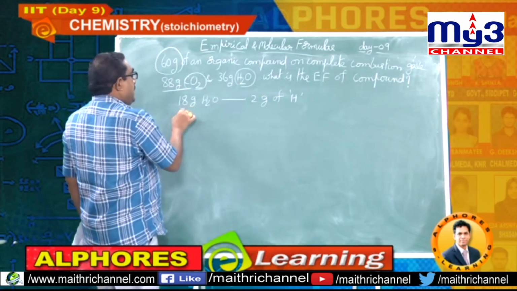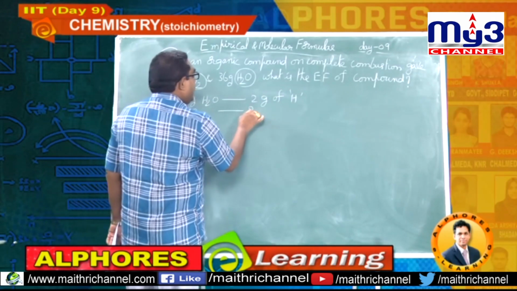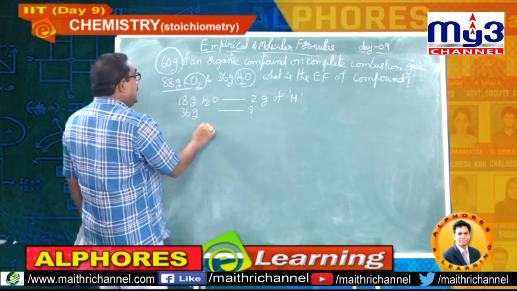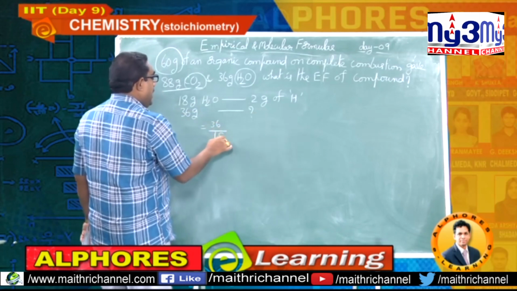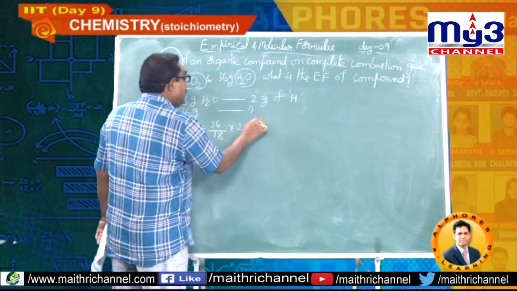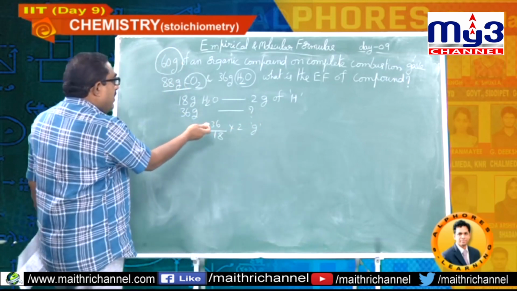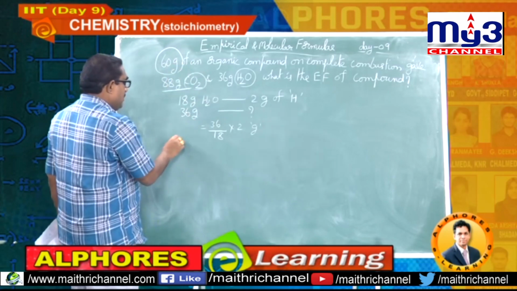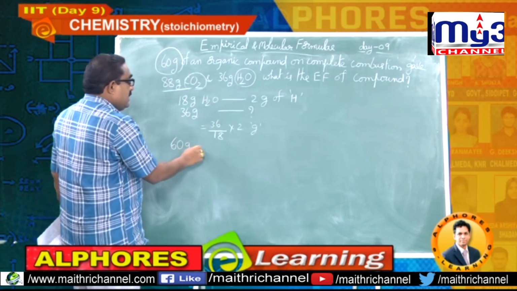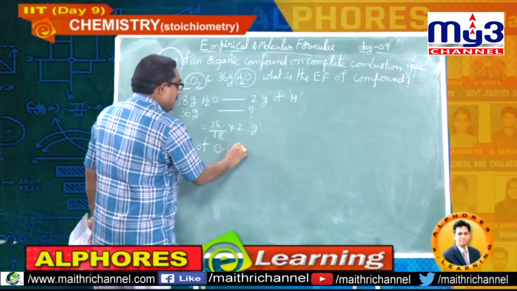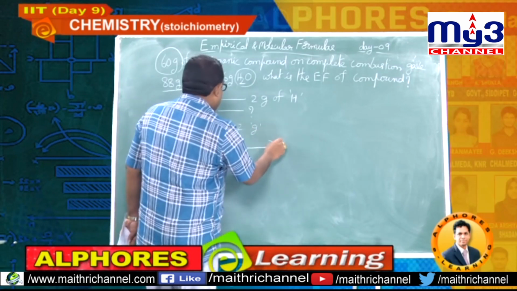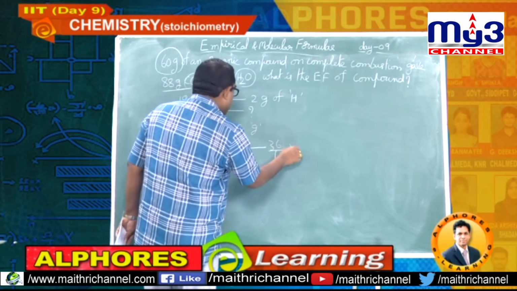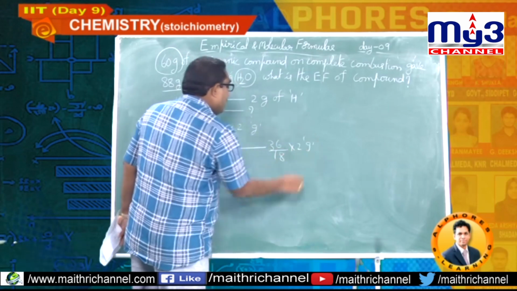Now this time he has given 36 grams of H2O, that is 36 by 18 into 2 grams. From where are you getting all this? That is on combustion of 60 grams of organic compound. I am writing the same: 60 grams of organic compound contains, no doubt, 36 by 18 into 2 grams of hydrogen.